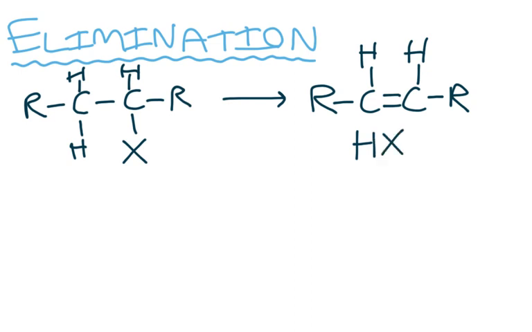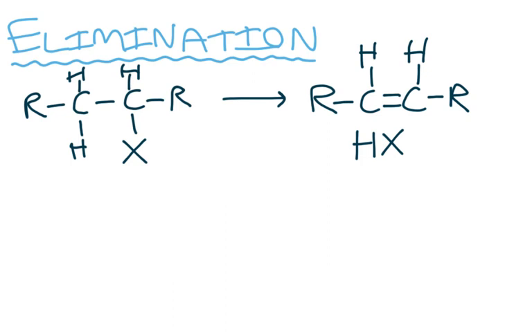So how do we do this? Well, we had two mechanisms for substitution, SN1 and SN2. We have two related mechanisms for elimination called E1 and E2. And that 1 and 2 in E1 and E2 is also based on the rate law and what order the rate is. So E1s are first order and E2s are second order.